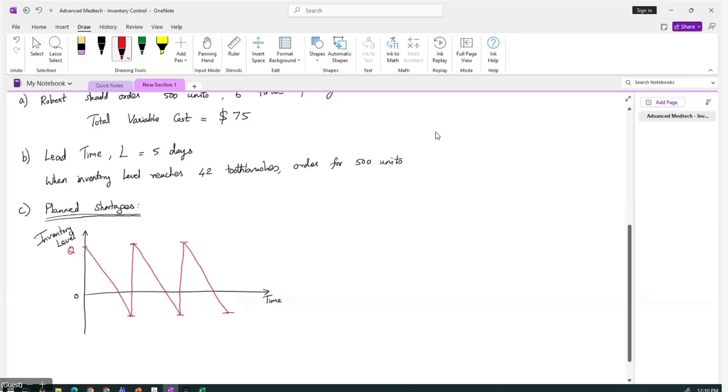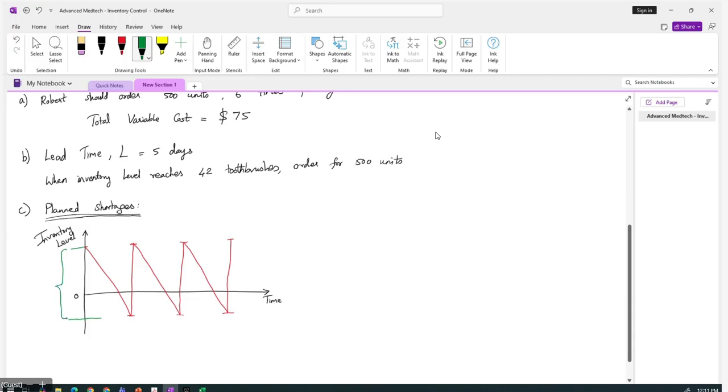Now, what exactly is happening here? This particular point is not exactly Q. What is Q? Q is your inventory level. So here you have a line, and here you have a line.